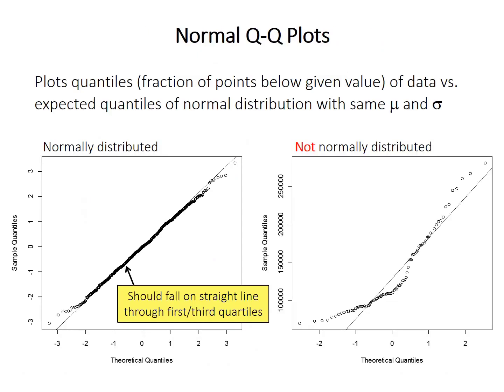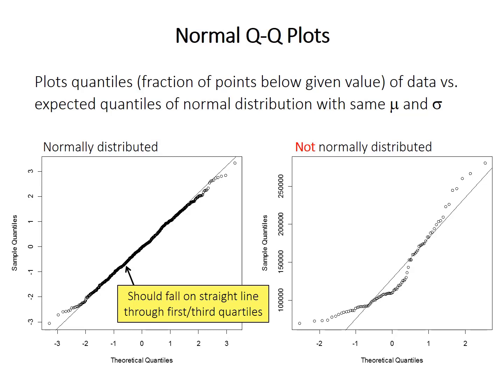First, a quick description of something called QQ, or quantile-quantile plots. They're actually related to the Shapiro-Wilk test, as you'll see in a second. These plots have the actual data on the y-axis, the sample quantiles, with the values ordered from smallest to largest. The x-axis shows the expected, or theoretical, normal quantiles.